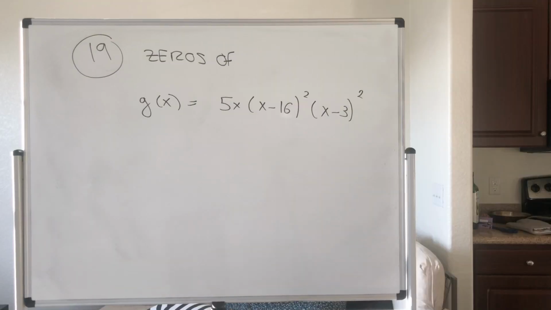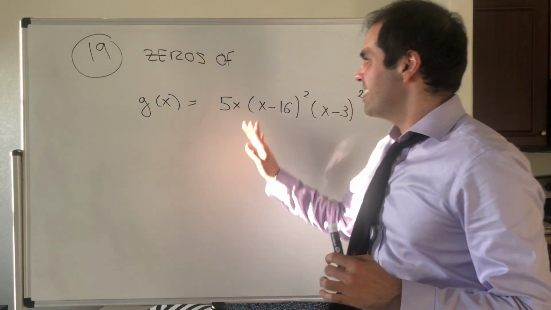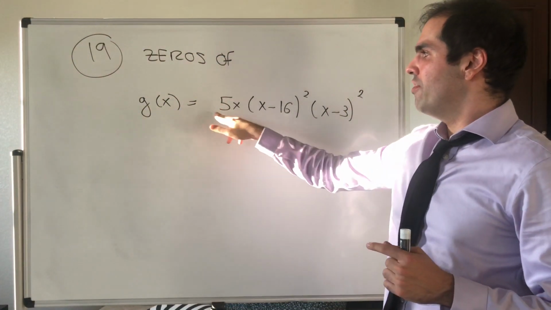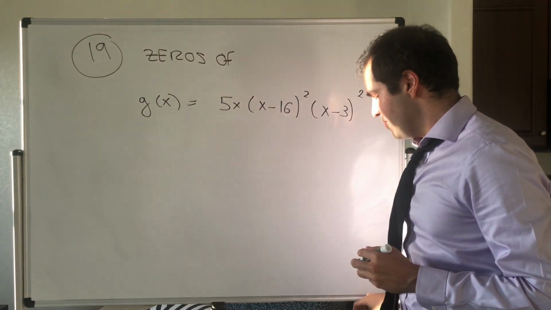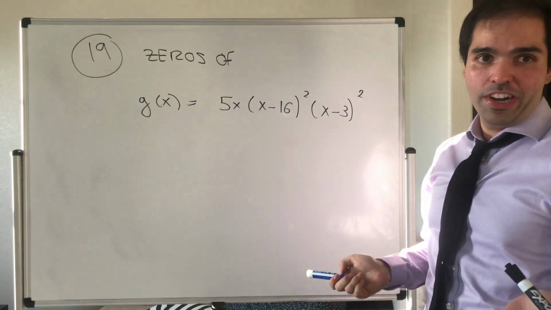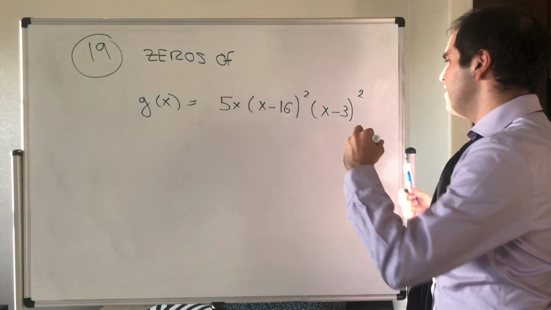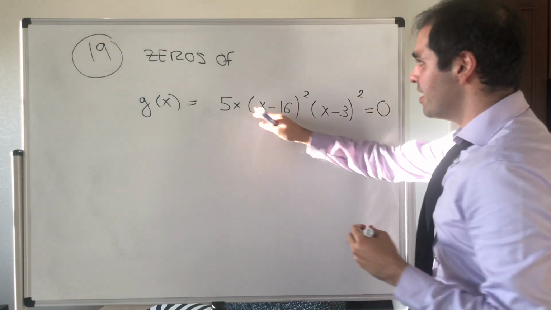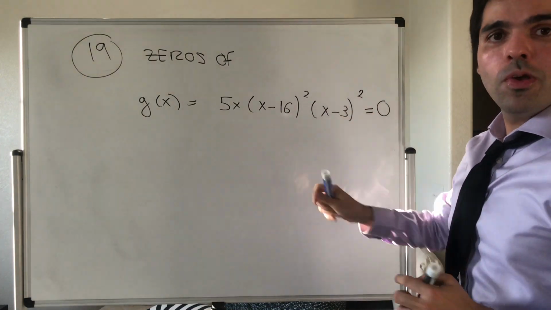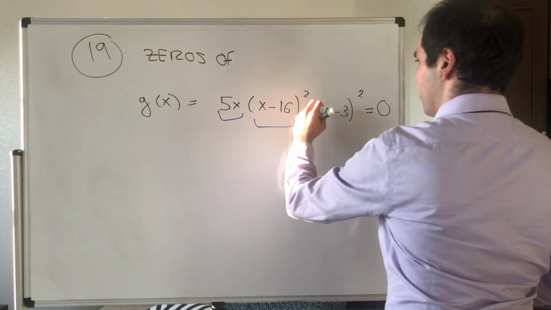Next question. All right, so let's continue with a very fun problem. Let's find all the zeros of g of x, which is 5x times (x minus 16) squared times (x minus 3) squared. And for this, it's very easy because you can literally read off the zeros. So basically, such kind of polynomial is 0 if and only if one of these factors is 0.